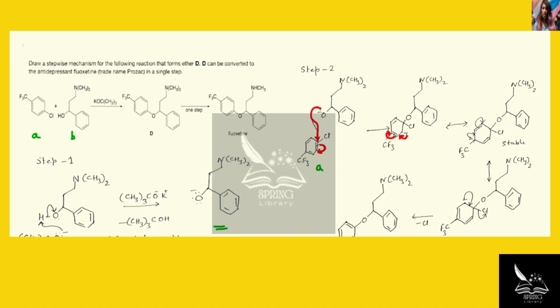And here this resonating structure is actually a highly stable structure because of this negative charge here, and the adjacent group is an electron withdrawing group. So this negative charge and the electron withdrawing group are making it more stable.